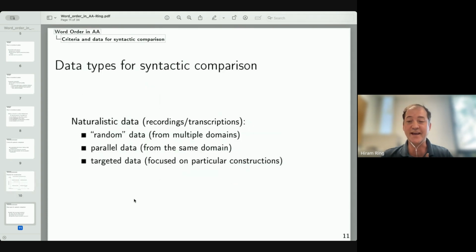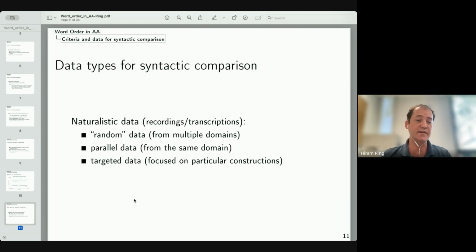Now, what kind of data can we use for this kind of analysis or investigation? I'm looking at different kinds of naturalistic data. I think this is the best data that we could use for reconstruction. But this falls into three different categories that I've identified. One is random data. So for multiple domains, you've got recordings and transcriptions of, say, folktales, of activities, of conversation, and you're trying to compare across those, okay?